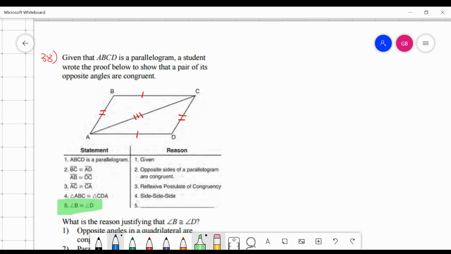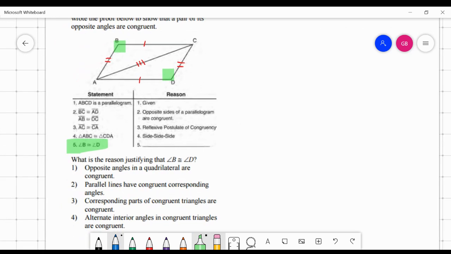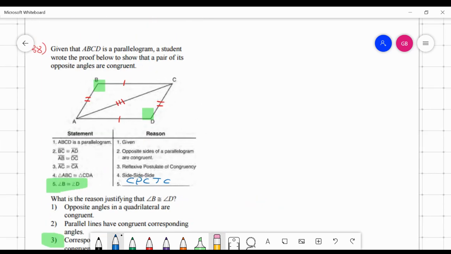So B is congruent to D. Well, since we already know that the triangles are congruent, then corresponding parts of congruent triangles are congruent. So this is going to be option C. You've seen this more often like this, CPCTC. Once you establish that triangles are the same, then any other corresponding parts are also congruent. Okay, that was 38.